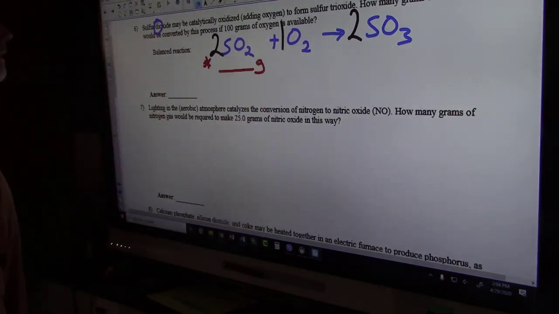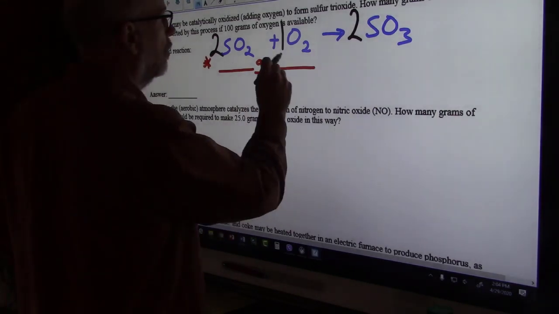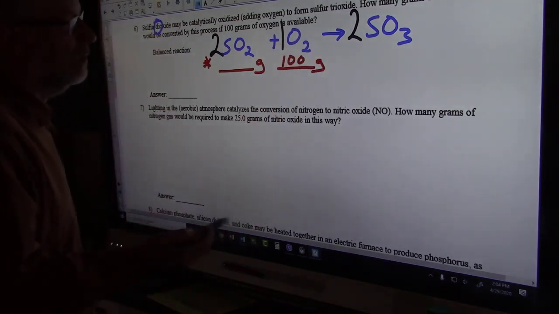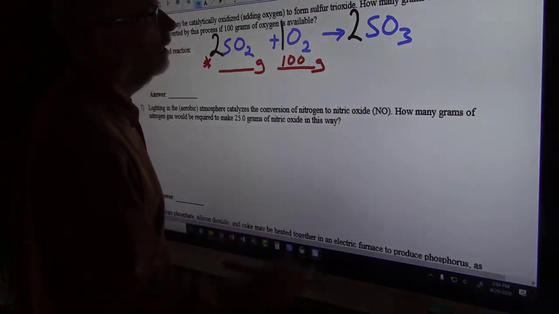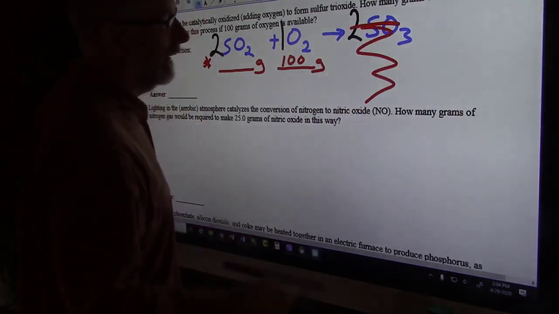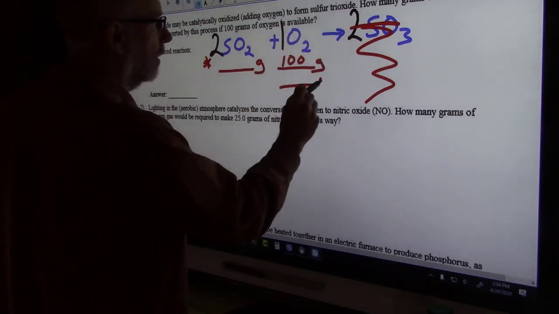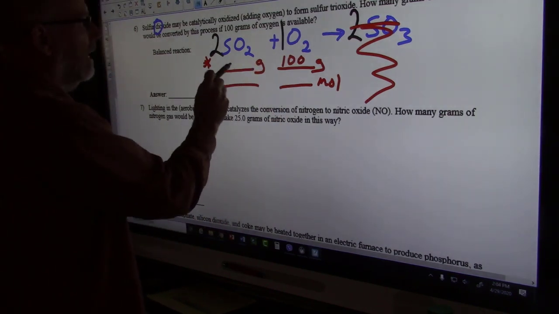How many grams of sulfur dioxide would be converted by this process if 100 grams of oxygen is used? 100 grams. Okay, so in this reaction, I don't have to do anything on this side. Just skip it. But I did need to balance it using this. So if I can calculate the moles here, then I know I have twice as many moles of sulfur dioxide.